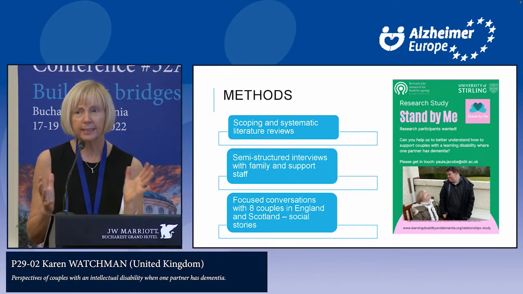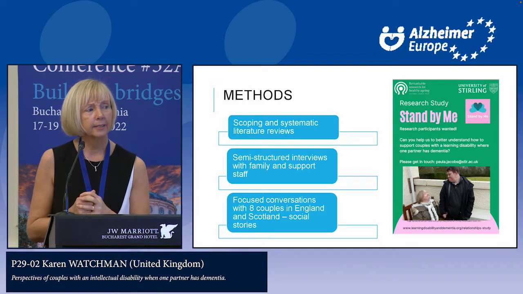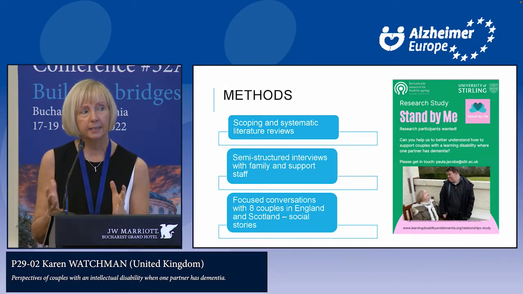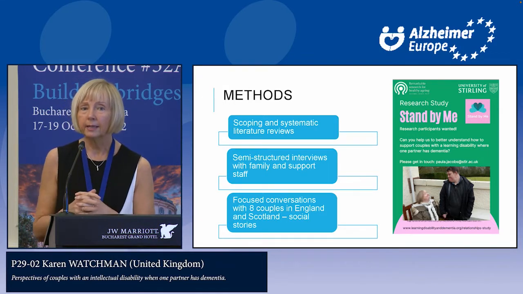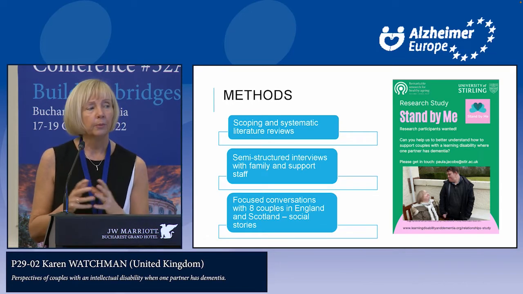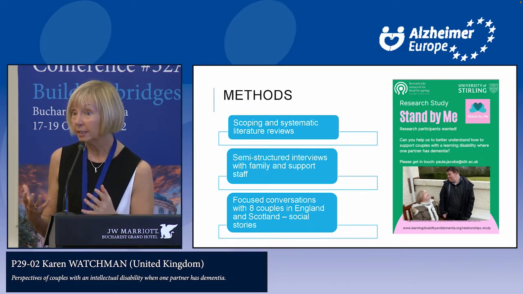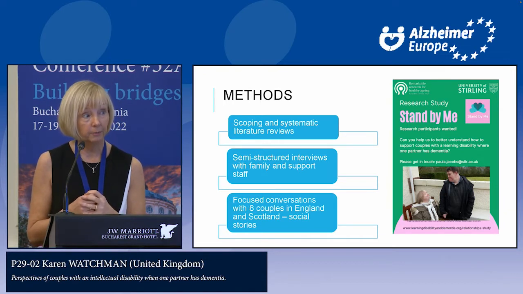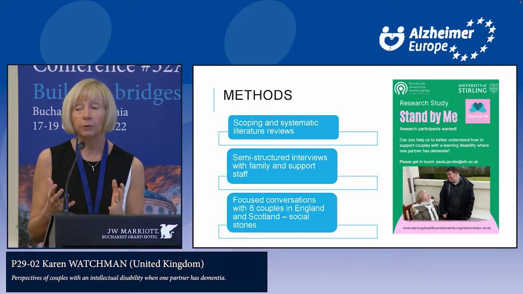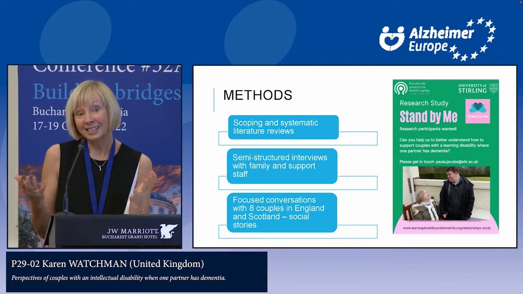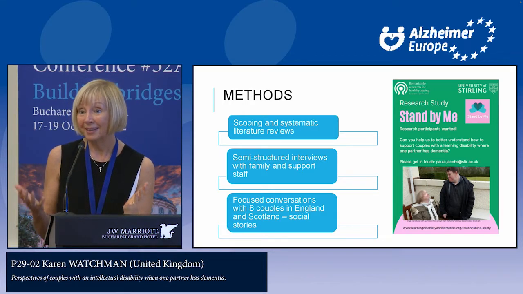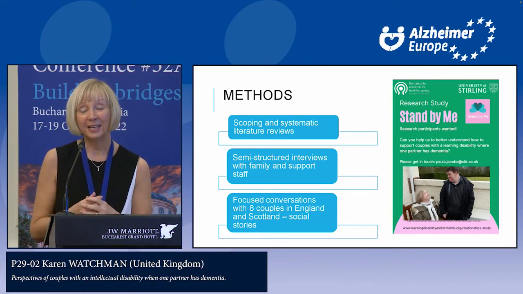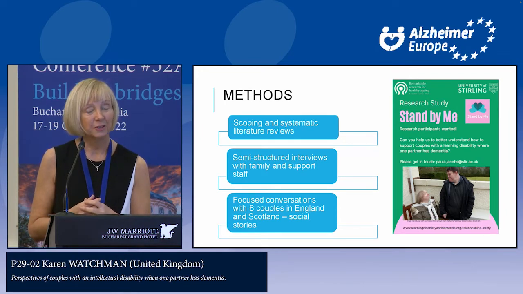Now, it's quite a small sample size. We collected data from England and Scotland, but we're aware it is a small sample size. We also had very strict ethical criteria that we had to follow in terms of our population, our sample group, which is obviously very important. It's also a difficult topic to talk about for anybody, no less someone with intellectual disability.